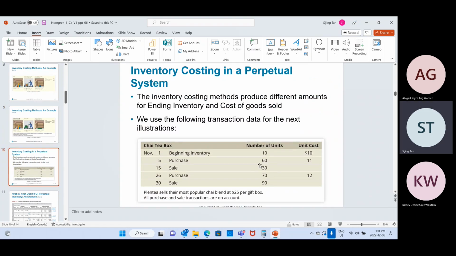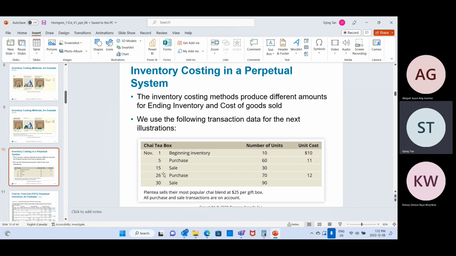Now the example we're going to see has new purchases coming in. On November 1st, the beginning inventory is 10 units with a unit cost of $10 for each box. November 5th, we purchased 60 more boxes at $11 per box. Then November 15th, we sell 30 boxes.